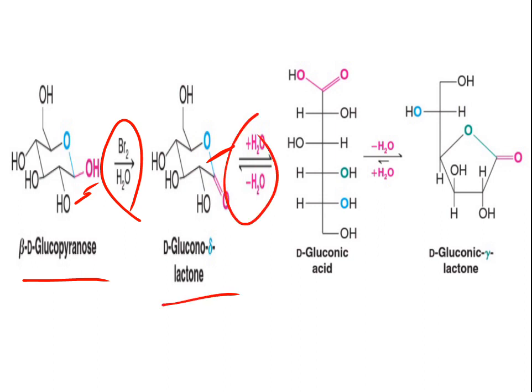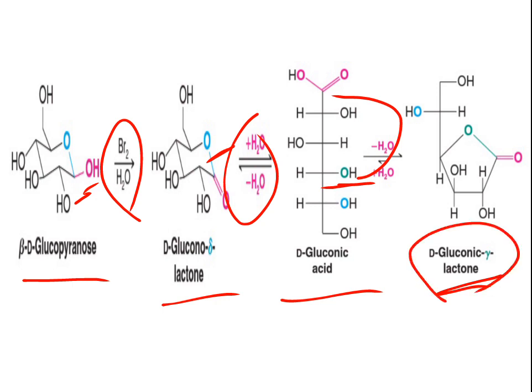Then add some water, you will get a gluconic acid, and this gluconic acid will be in equilibrium with this gamma lactone. This OH is attacking here and forming this cyclic structure, which is the D-gluconic gamma-lactone.